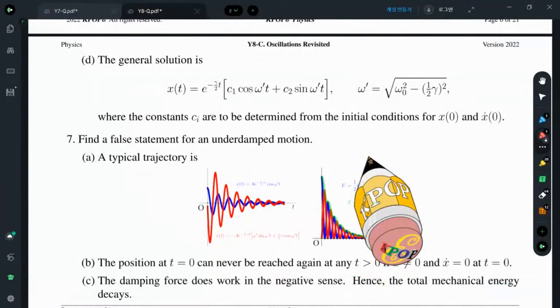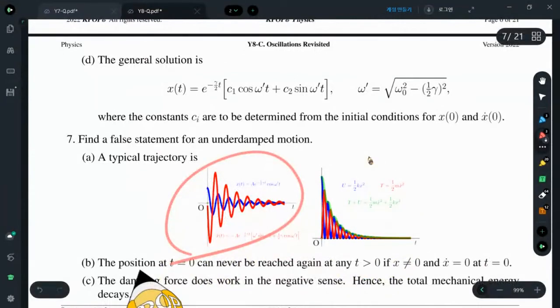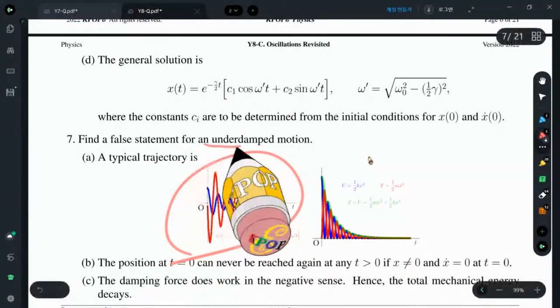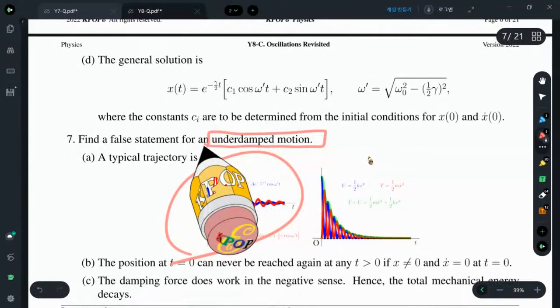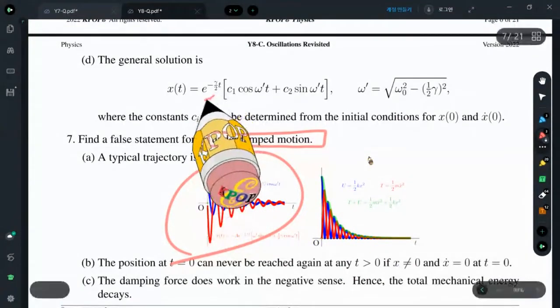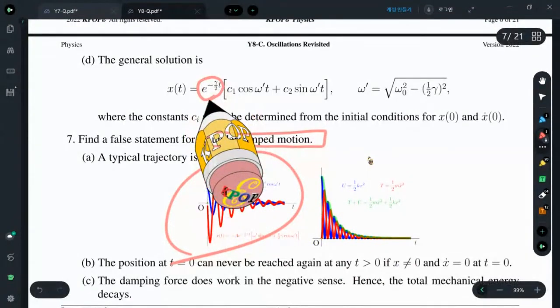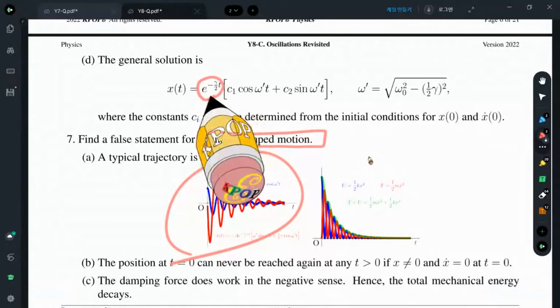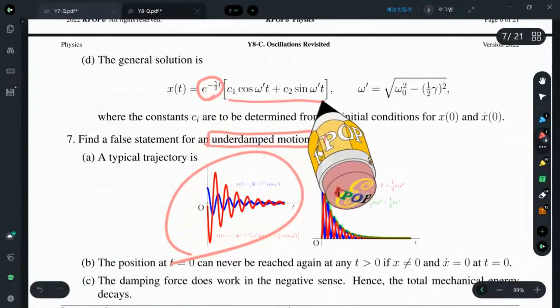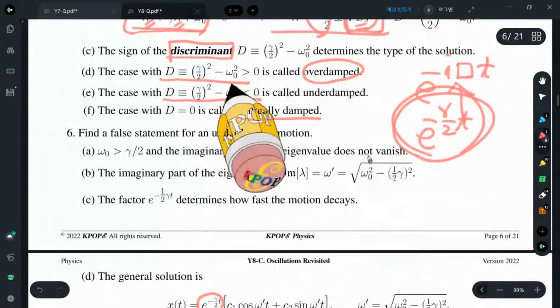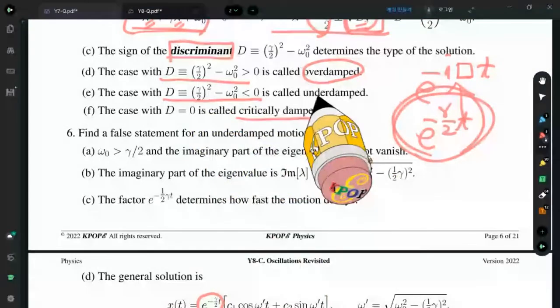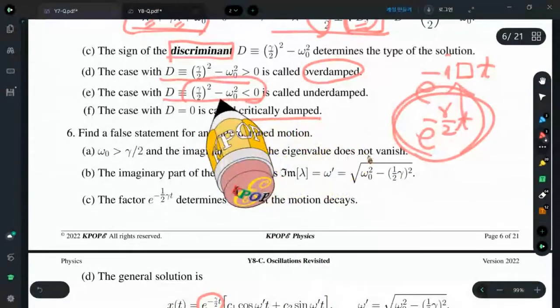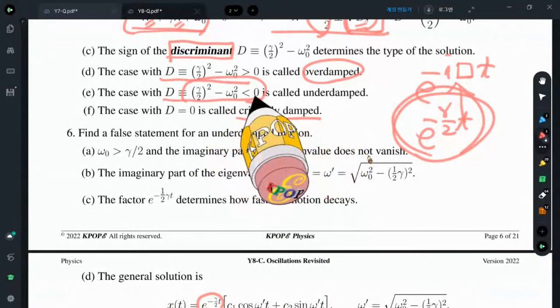First of all, this one is a typical solution for the underdamped motion. Underdamped motion has a common factor. We call it the evanescent factor that decays exponentially, and an oscillating factor coming from this negative value inside the square root.